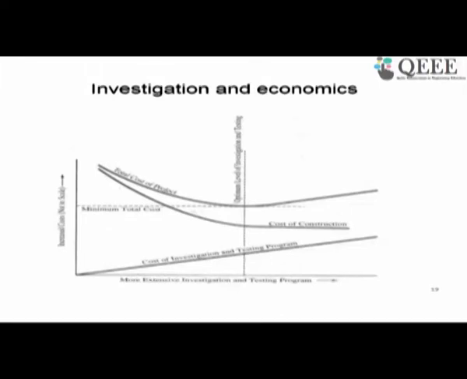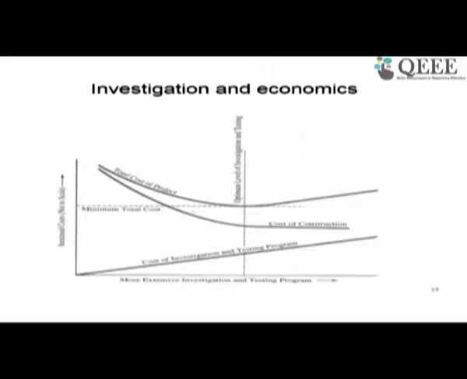If you see the x-axis, the increased cost, and the y-axis, the investigation and testing program, the first line, the bottom line, shows that the cost of the investigation and testing program increases as you increase the number of tests or the rigorousness of the testing. At the same time, the upper line shows that the cost will decrease to some extent.